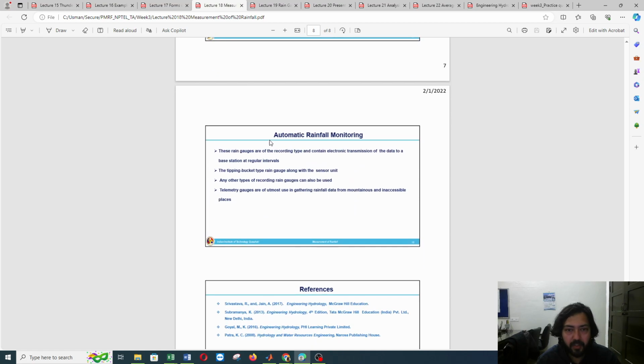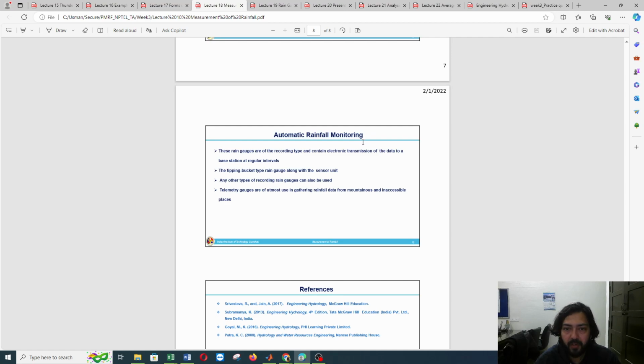Then there is something called automatic rainfall monitoring. These are nothing but tipping buckets, but with certain sensors attached to the tipping bucket. The sensor collects the information and transmits the data to the station at regular intervals. Suppose there is a remote location where we cannot go regularly.